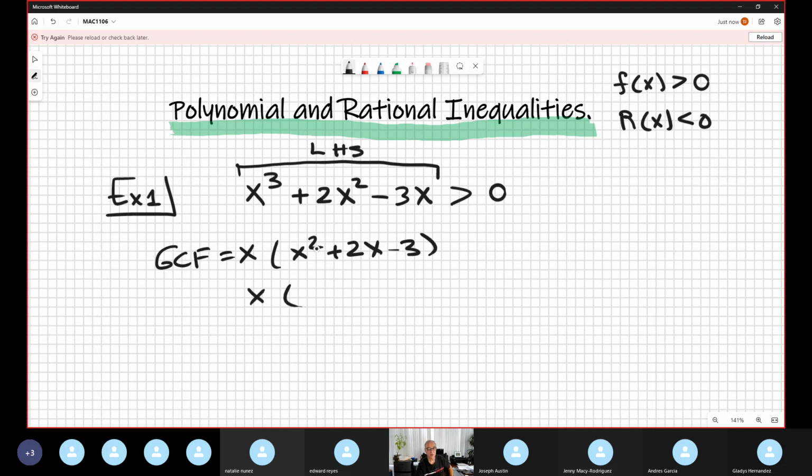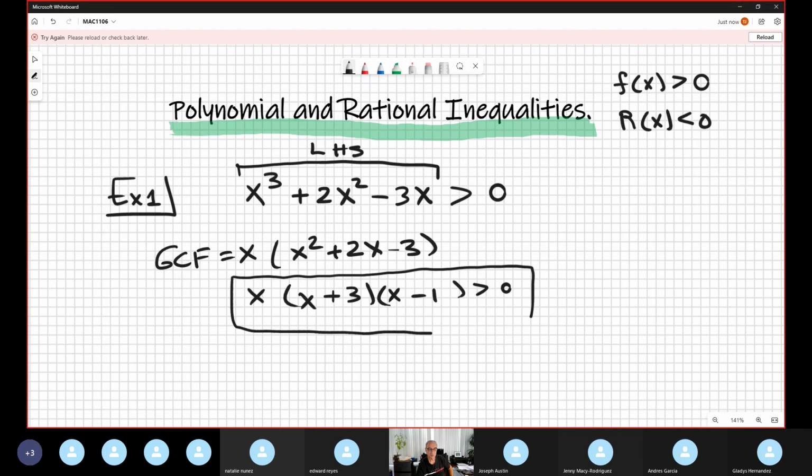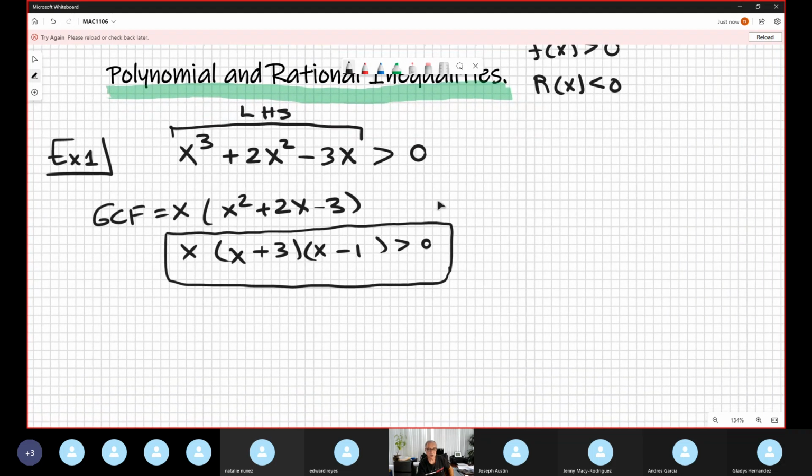Now you see a trinomial, and you factor it into binomials, and the combination obviously is 3 and 1, because 3 times 1 is 3, and 3 minus 1 is 2: plus 3 and minus 1. And this is my new inequality after the factorization. I put it in the box because this is important. The important one is the inequality you are using to work, not the original. When you are done with the factorization, I put it in the box because this is ready for analysis.